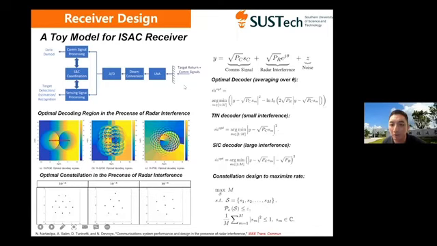Although this is a toy model, it can provide us some very profound insights. So we have a combination of the communication signal, the radar interference, and the noise. Here the radar interference is modeled as a very narrow pulse with a very high amplitude, P_R here, and with an unknown phase theta here. Because the radar always uses constant modulus signals, okay?